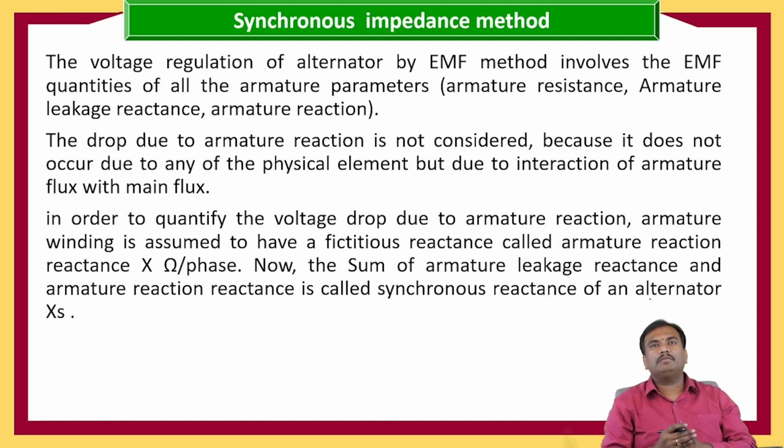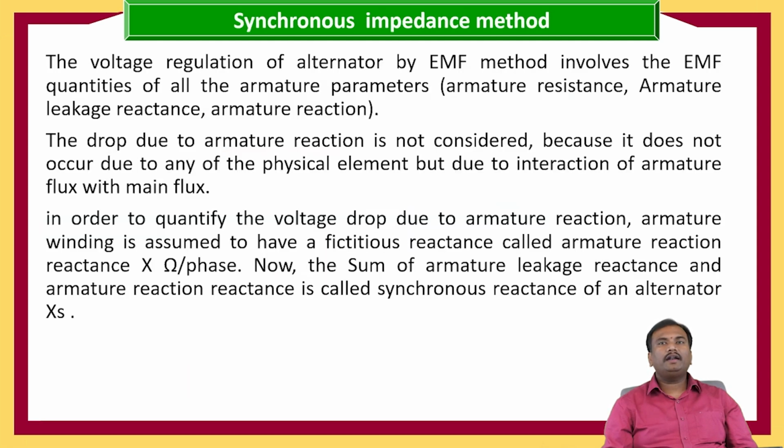Because of the armature reaction, whatever voltage is reduced, we consider as one reactance, Xa ohms per phase. This reactance is added to the armature leakage reactance, and the combination of these two is called the synchronous reactance of an alternator, denoted by Xs.